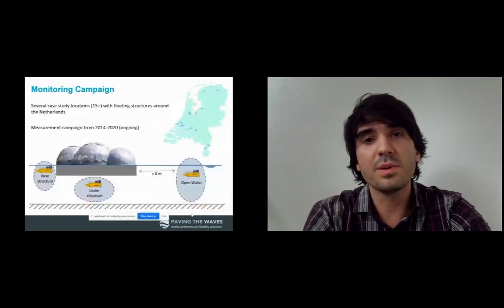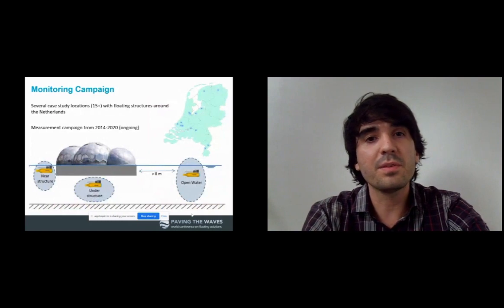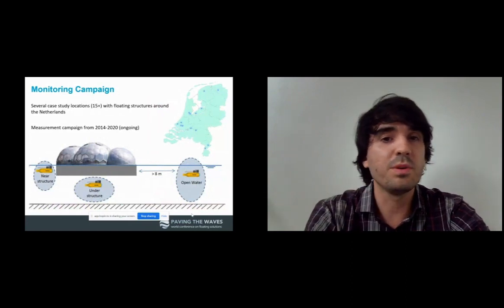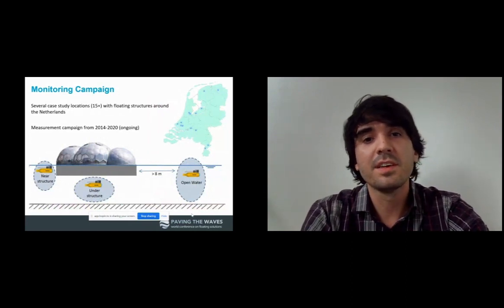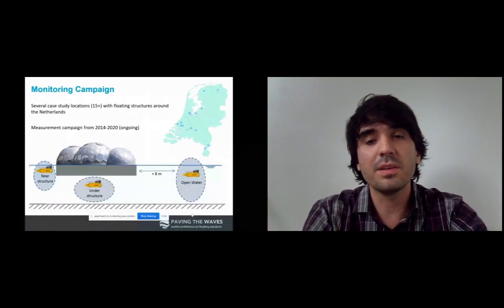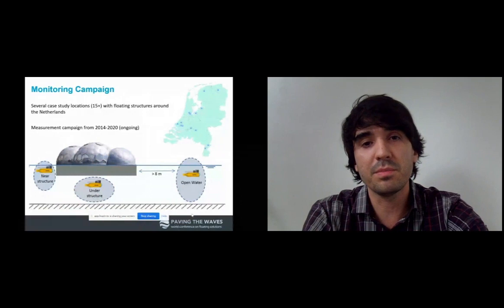Here you can see a small schematic of our research. We went with the drones near the structures, and then sailed underneath them. We usually stay there for a certain amount of time, a few minutes, also to allow the sensors to stabilize.